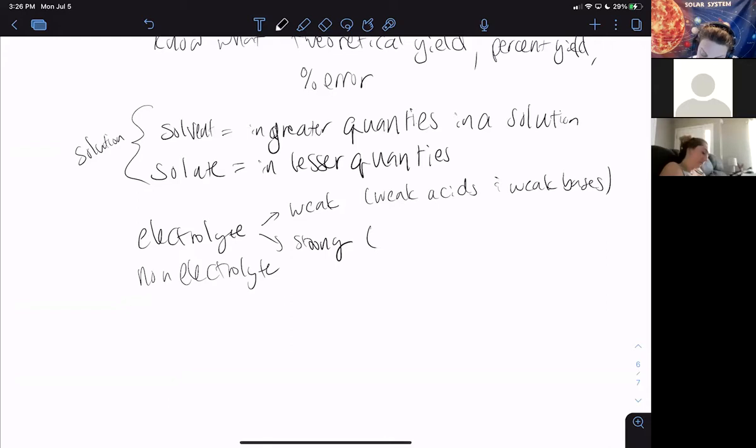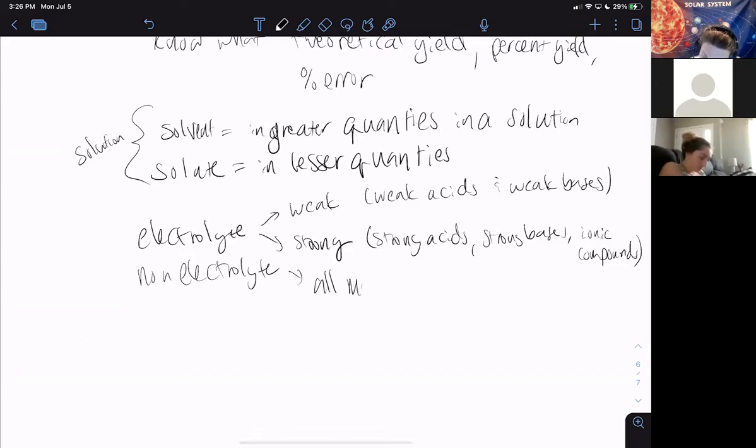Strong electrolytes are going to be strong acids, strong bases, and ionic compounds. And then non-electrolytes are going to be all molecular species, except acids and bases.